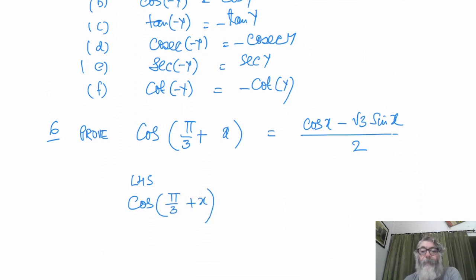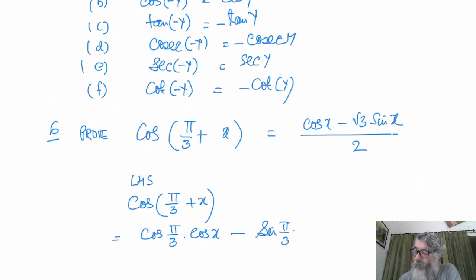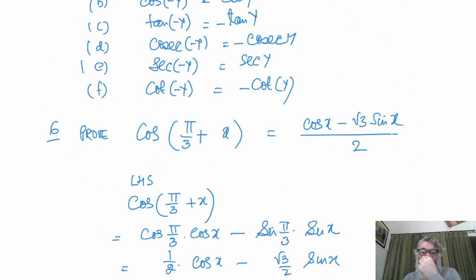Cos a plus b will be cos a cos b minus sin a sin b. It will become cos pi by 3 cos x minus sin pi by 3 sin x. Cos pi by 3 means cos 60. Cos 60 is 1 upon 2, so 1 upon 2 cos x. And this is root 3 upon 2 sin x, because the value of sin 60 is that.